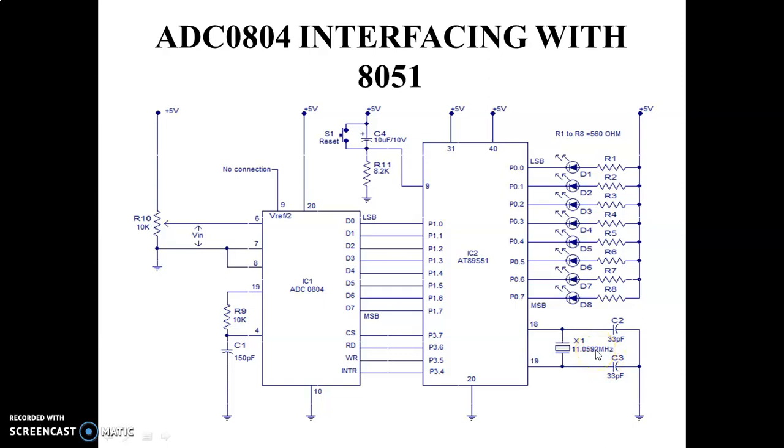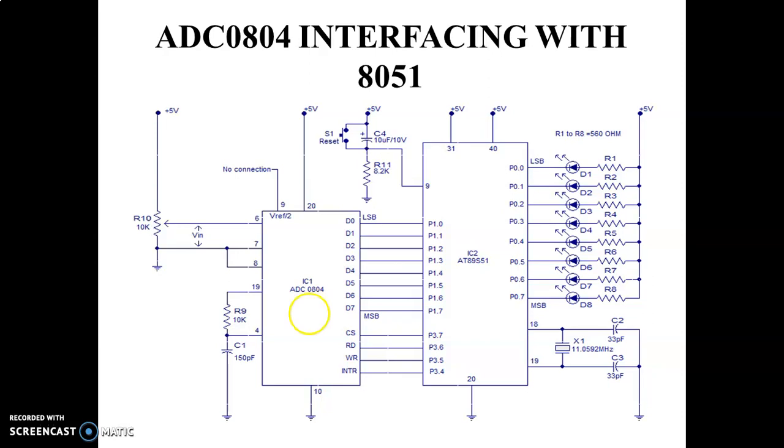Then connect the reset button to pin 9 of the microcontroller. Then connect port 3 pin 7 to chip select, port 3 pin 6 to read of ADC 0804, then port 3 pin 5 to the write pin of ADC 0804, then port 3 pin 4 to interrupt of ADC 0804. So these are some of the connections.